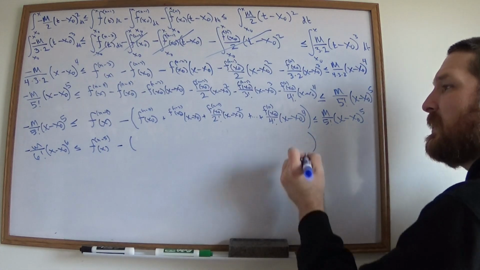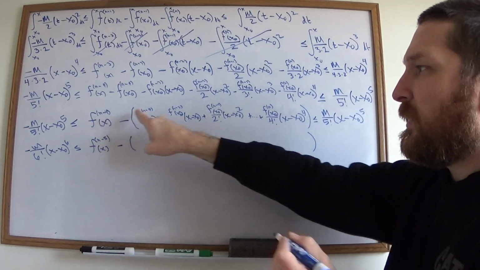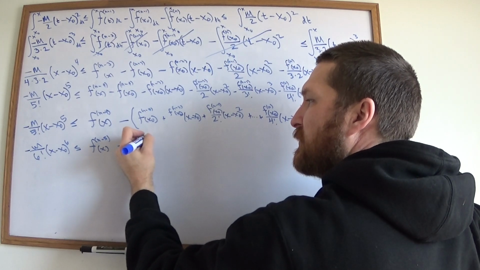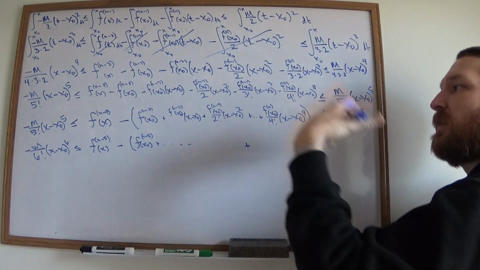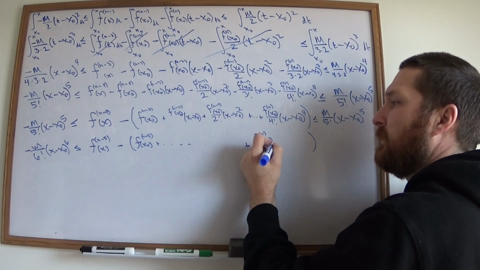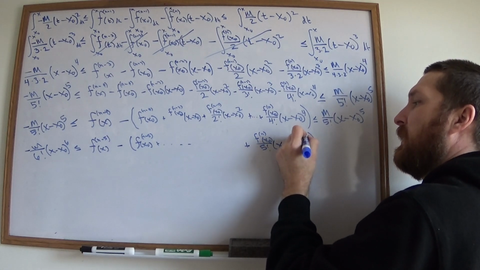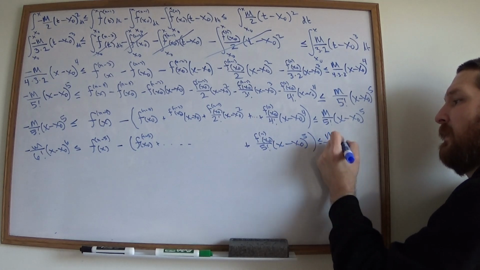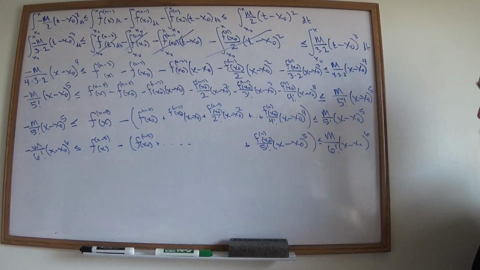Now what's going to change here? Well, we're going to pick up an extra power here, right? Because those are going to match, and we would have f at x0, n minus 5, and so on, all the way up to the last one, which is going to pick up an extra power, so it'll be f, still the nth derivative, at x0, but now it'll be over 5, x minus x0 to the 5th, and then this one is going to pick up a factor in the denominator, and it'll be raised to the 6th.